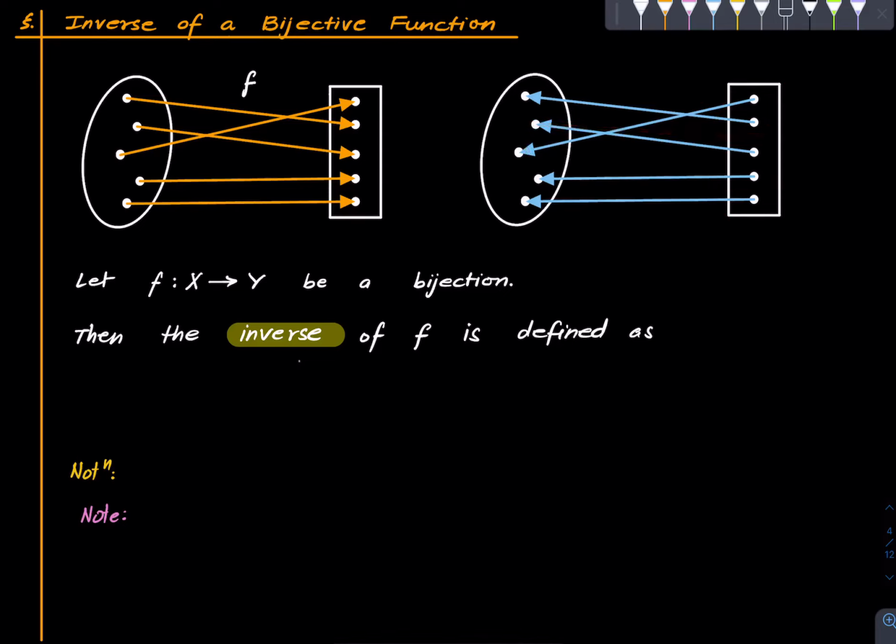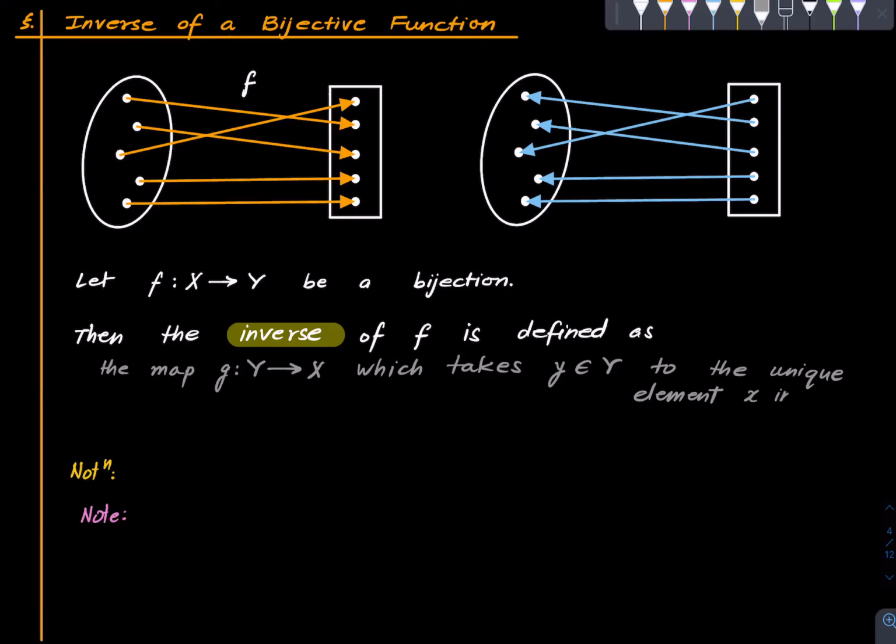All right, so we can just formalize what we just said in words. If we have a bijective function, then the inverse of f is defined as the map g from the target of f to the domain of f, which takes a point little y in Y to the unique element in X such that f of x equals y.